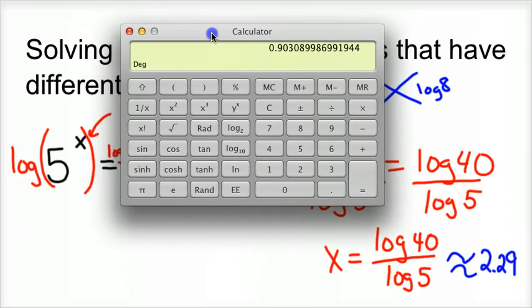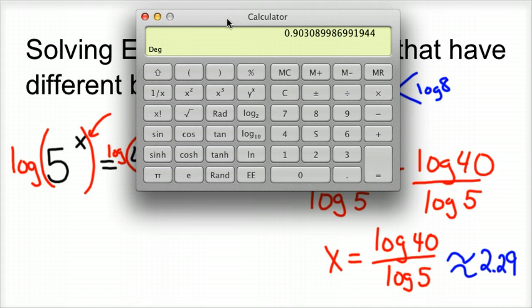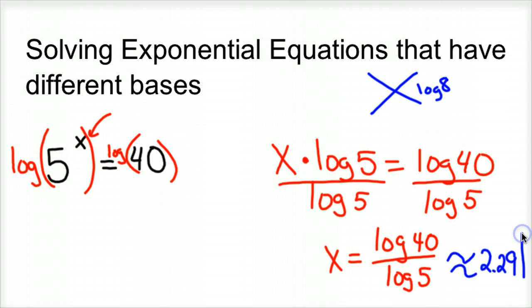Remember that estimate we made? If you ended up with an answer of 0.9031, you would know you did something wrong, because at the beginning I said the answer has to be between 2 and 3. This answer here is between 2 and 3. Log 8 is not between 2 and 3. So that's the second way to solve that.